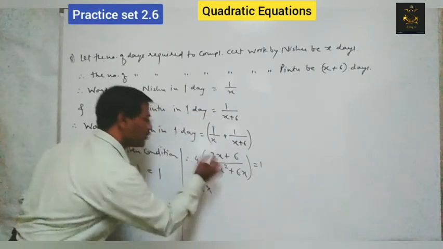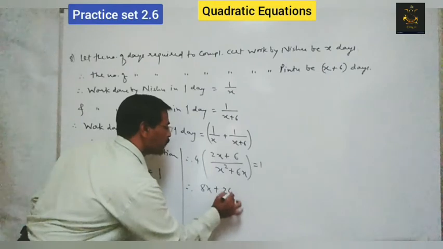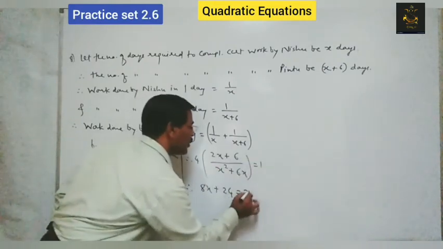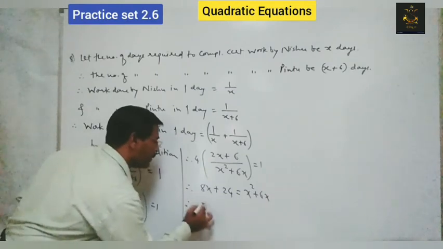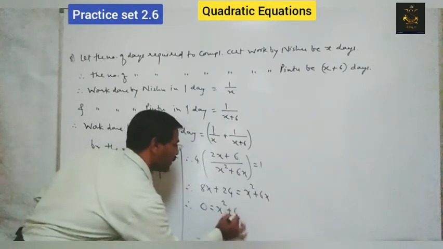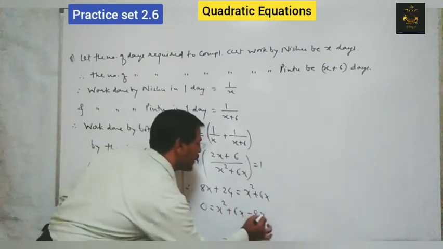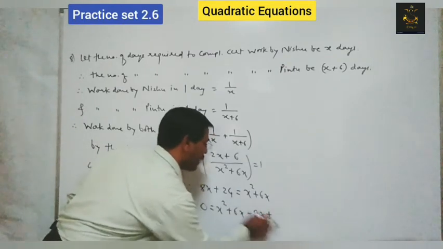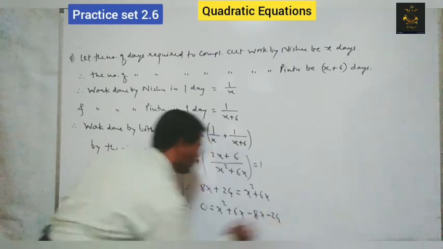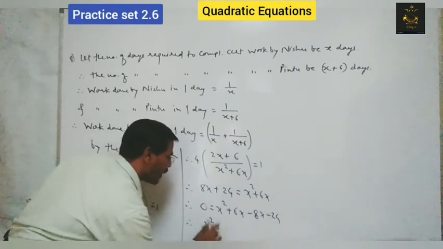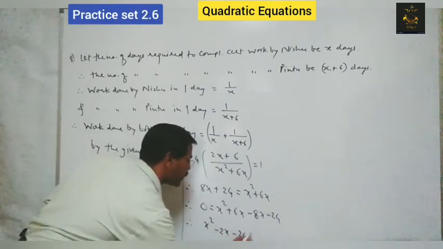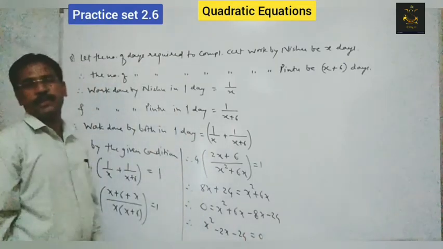That is 4 2s are 8x plus 4 6s are 24, and this one goes to that side. Look friends, it is one of the very important ones. x square plus 6x minus 8x minus 24. So write here x square minus 2x minus 24 is equal to 0.